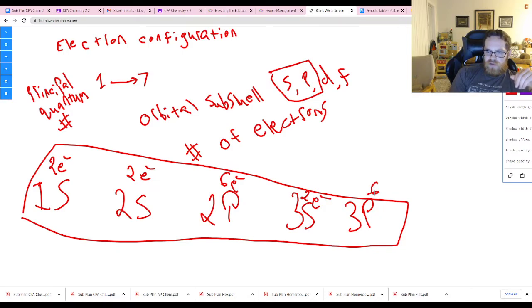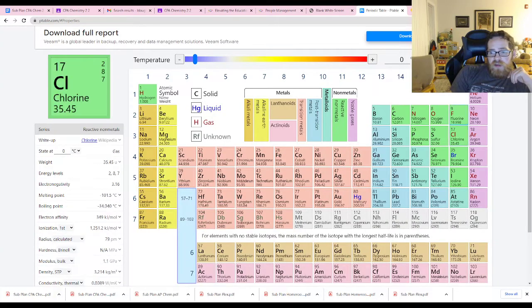So if we look at all this, we can see 2, plus 2 is 4, plus 6 is 10, plus 2 is 12, plus 6 is 18. Where is 18? 18 is argon, a noble gas. So when you completely fill all the orbitals on a layer, you get a noble gas.